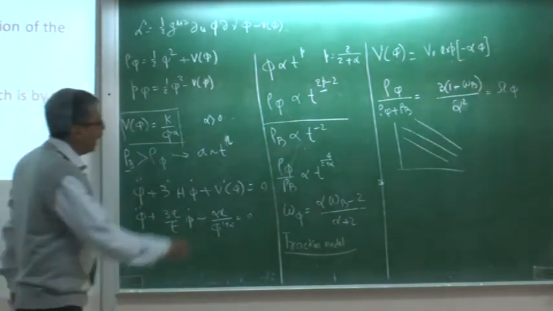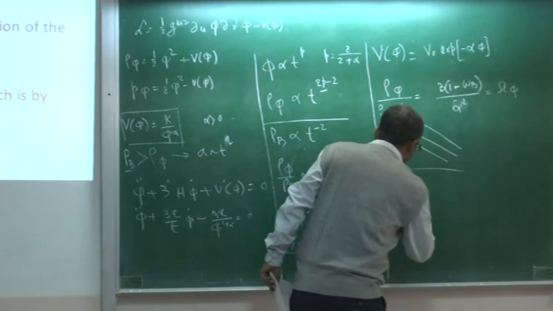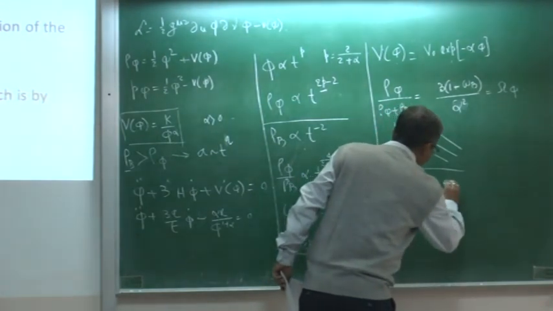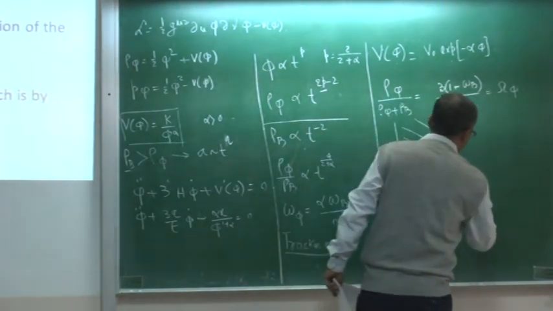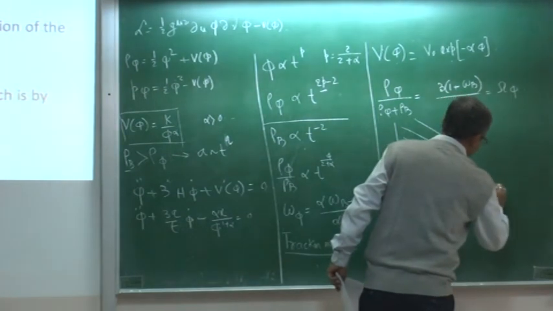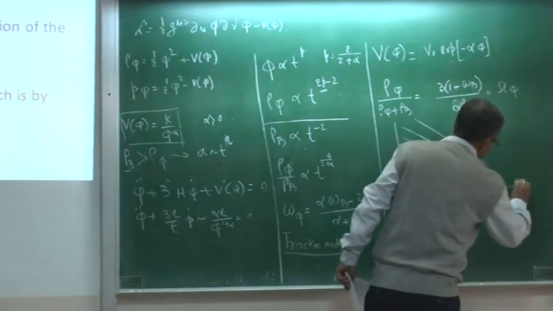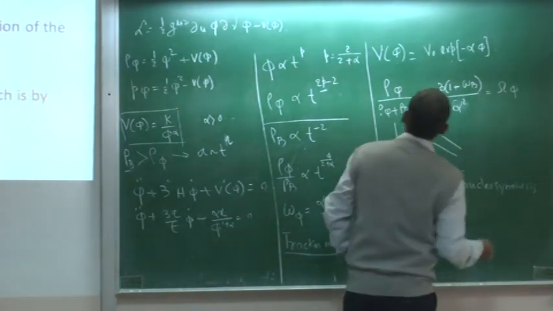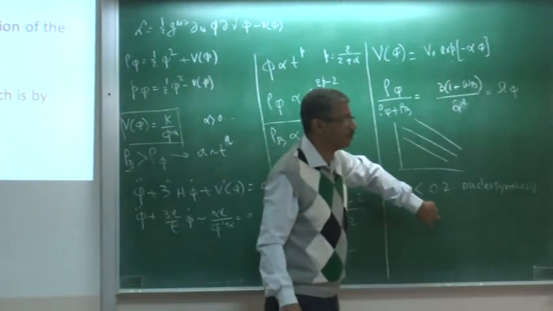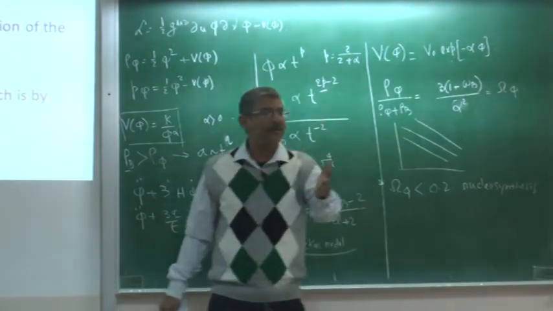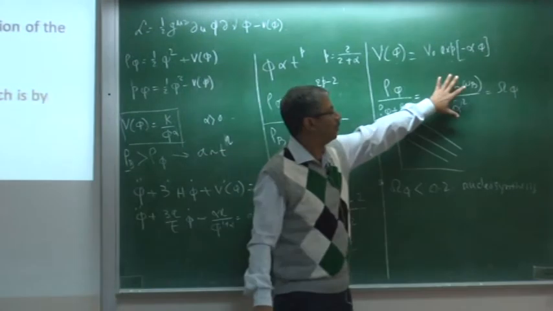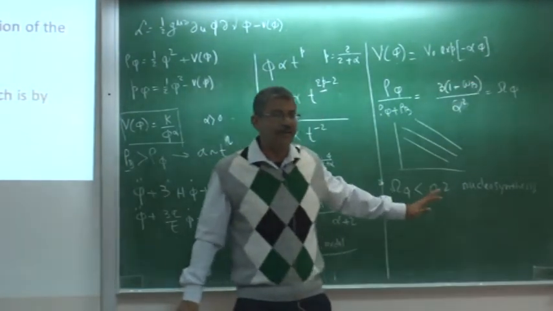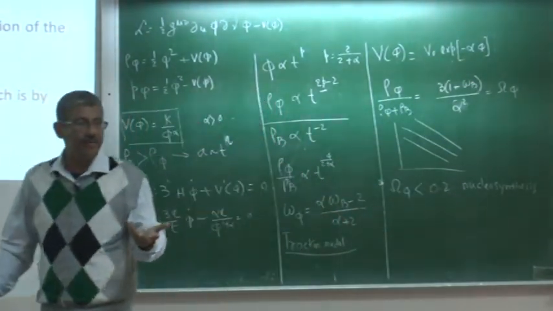That gives you a bound of omega phi less than 0.2, which comes from nucleosynthesis. So if this omega phi has to satisfy the nucleosynthesis bound, it is always subdominant, because this constant will never dominate the universe. It will never become 0.7, right?